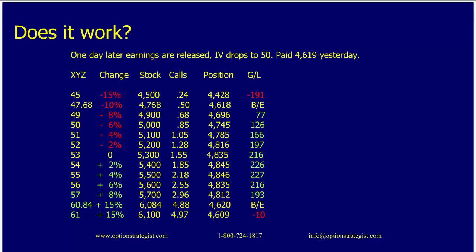We could see at 61 we're going to lose 10 bucks, but at 60.84 that's exactly break even. 46.20 we paid 46.19. So this is pretty neat, and this is the whole concept of delta neutral and how it works.